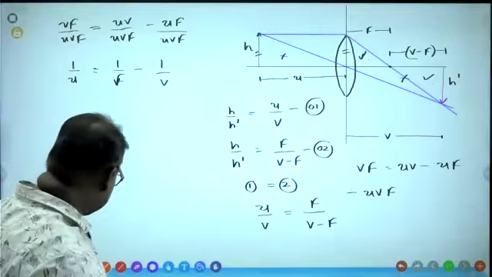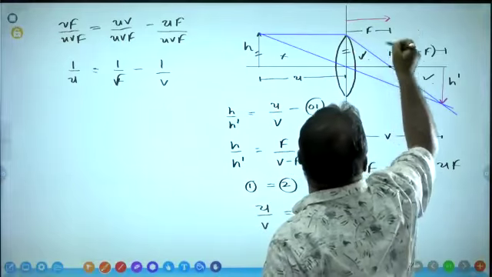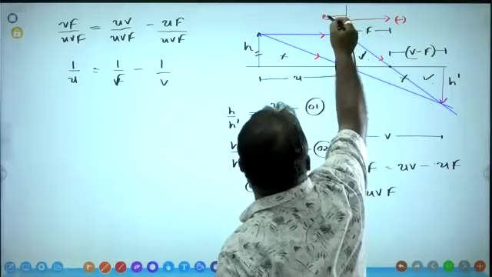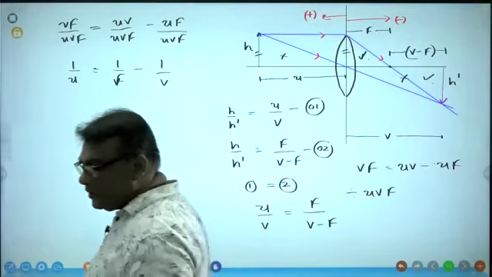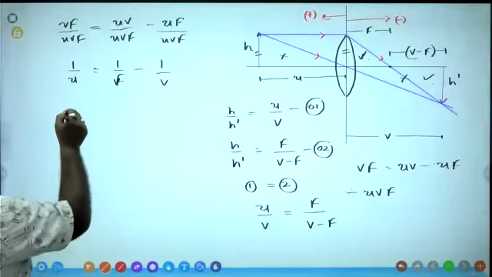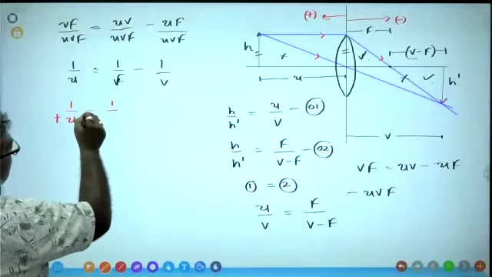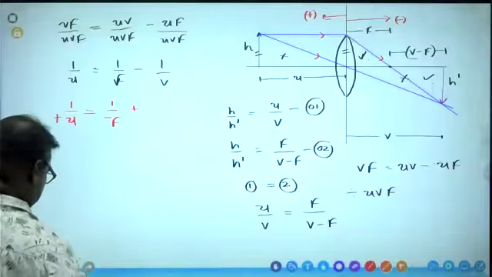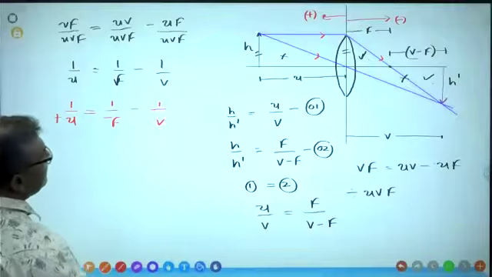Then use the sign convention. In practice, the direction of light rays is taken as positive, and backward from the optical center is taken as minus. So by sign convention, 1 over u is plus, 1 over f is minus, and 1 over v should be minus.